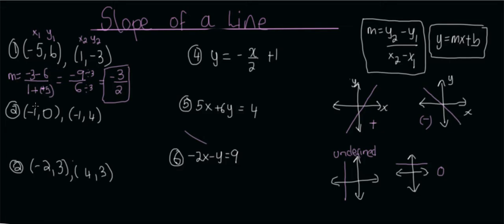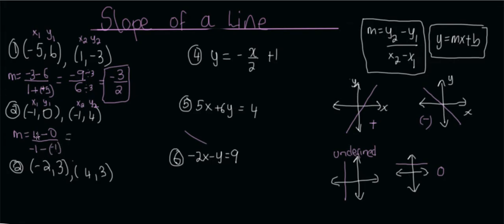Let's do another example. So I have x1, y1. It's always important to label this so that you don't make a mistake. So again, I'm ready. So m equals y2, this is x2, y2 is 4, minus y1, which is 0, over x2, which is negative 1, minus x1, which is another negative 1.